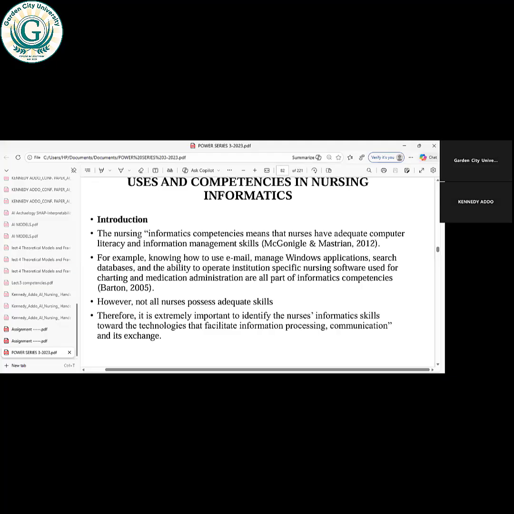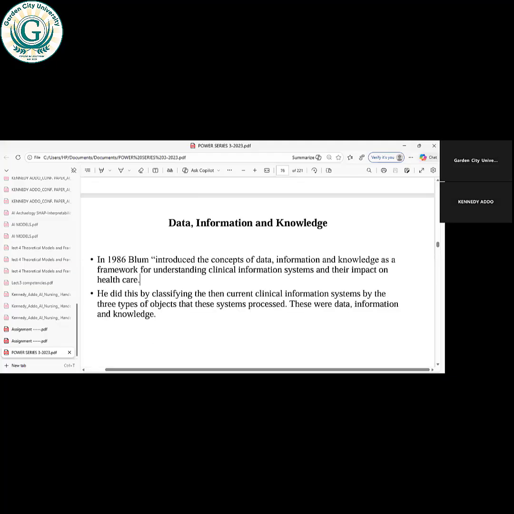So as you are making plans, let's also consider getting a laptop for the purpose of our own research, and just to make us more informed. It is extremely important to identify the necessary informatics skills toward the technologies that facilitate information processing, communication, and its exchange. Right.